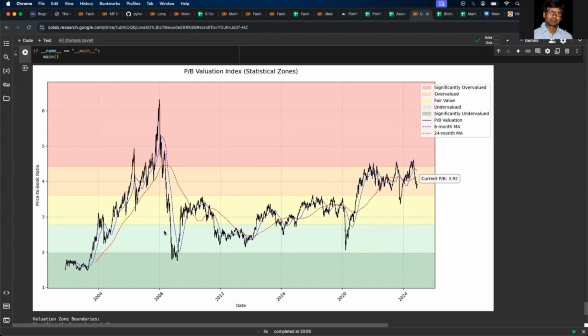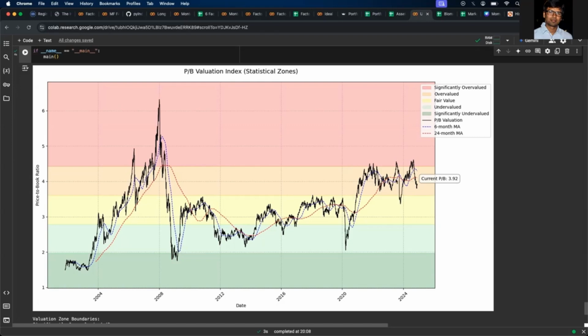From 2009 onwards till 2021, we were stuck in that zone of valuation multiples given to the Indian markets at 2 to 3.75. But after 2021 or COVID, I believe that our valuation multiple has increased. And the newfound range that we can see is from 3.75 to 4.5. That's the new valuation zone that India's markets are getting at.